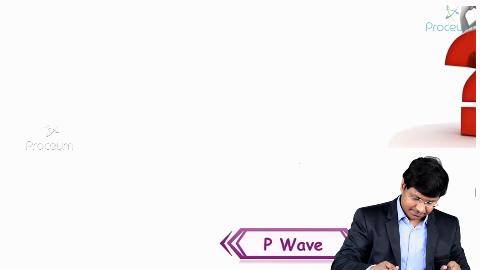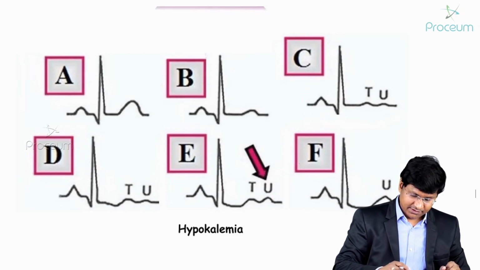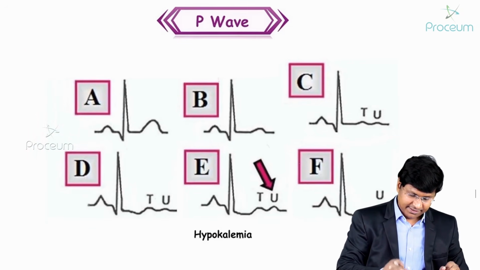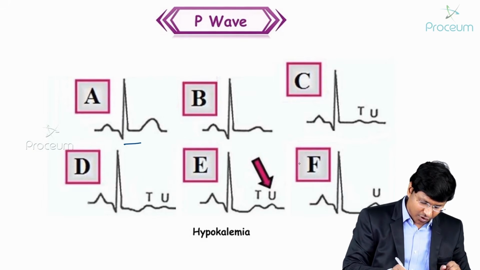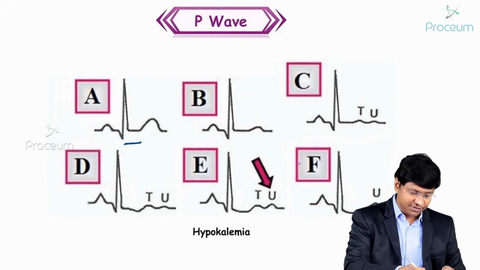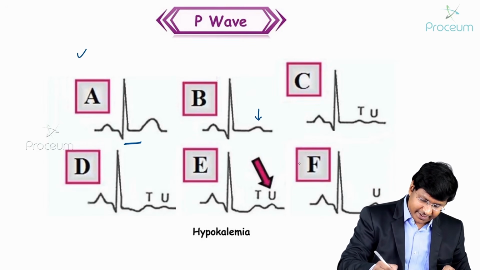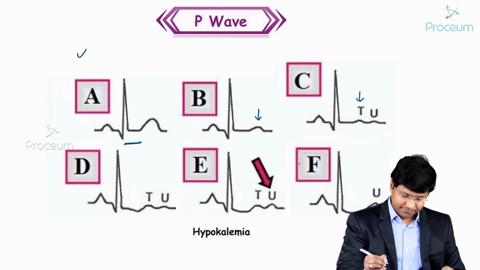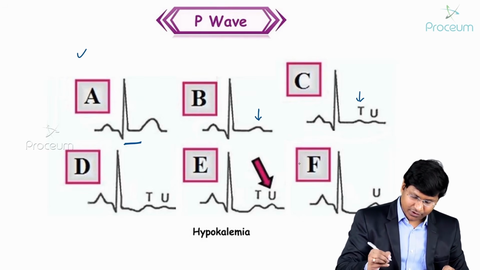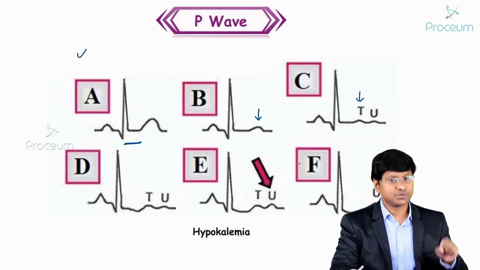This is the first normal ECG complex, and gradually if you observe, there will be flattening of the T wave, and finally there can also be an inverted T wave.